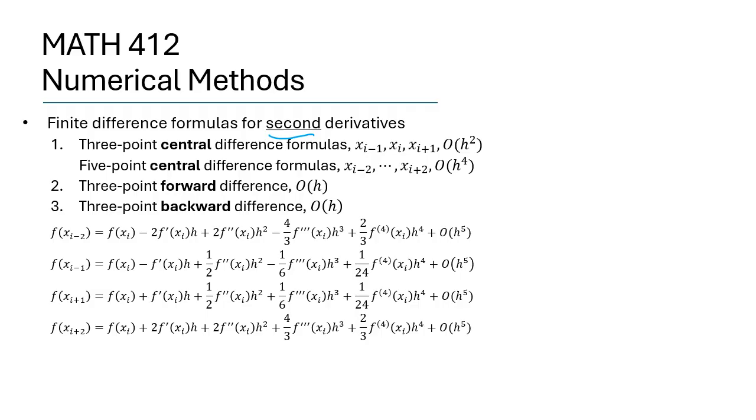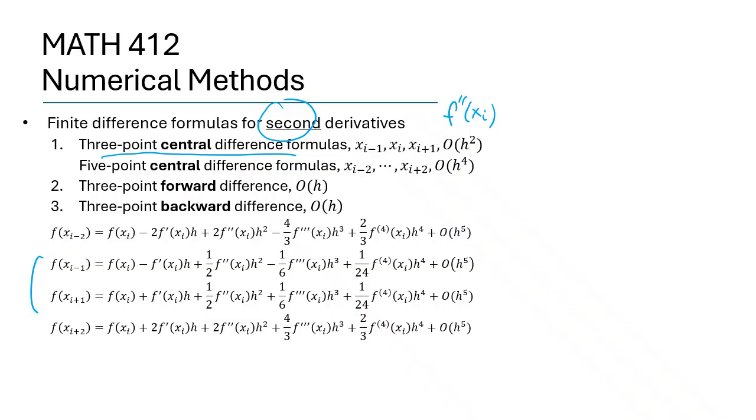Now, let's use this group of formulas, the Taylor series expansions, to derive a formula for the second derivative f double prime at xi. A 3-point central formula. That means we'll use the 3 points xi minus 1, xi, xi plus 1, so xi is the central point.